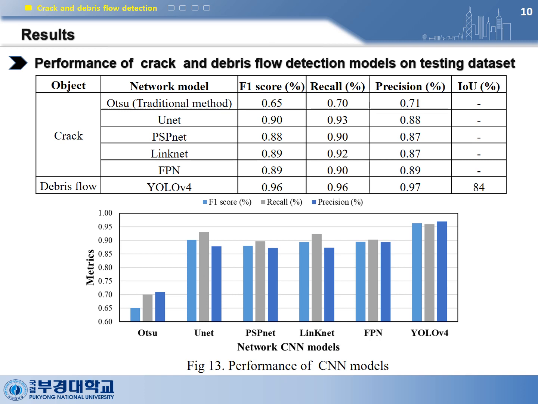They are similar, but we can see the accuracy of the CNN models for detecting cracks and rapid flow is very high, around 90%. The detection model using CNN is higher than traditional methods, with an F1 score of just 55%.